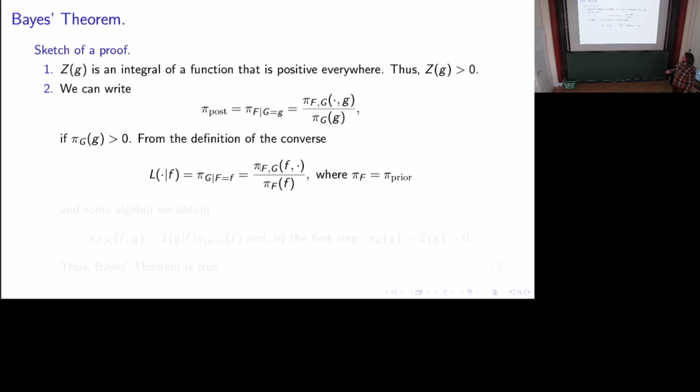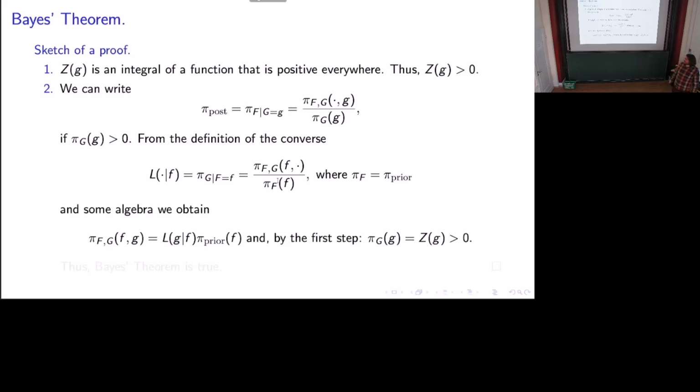So we see the likelihood is the same thing, just with a different parameter and a different normalization. Then we do a bit of algebra, we just rearrange this. Rather than doing a sketch of a proof, I could have done a full proof because it's quite easy. It's just trying to match this term with that term, and then you're essentially done. And then you see Bayes' theorem is true.